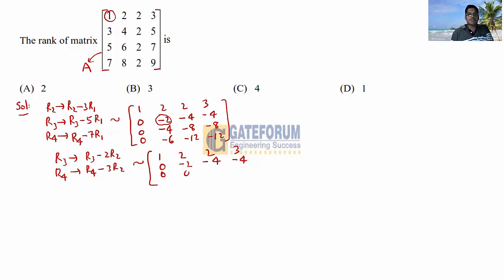Then this becomes 0, 0, 0, 0, and 0, 0, 0, 0. So the diagonals are 1, minus 2, 0, 0. Below that, zeros. This is the row echelon form.